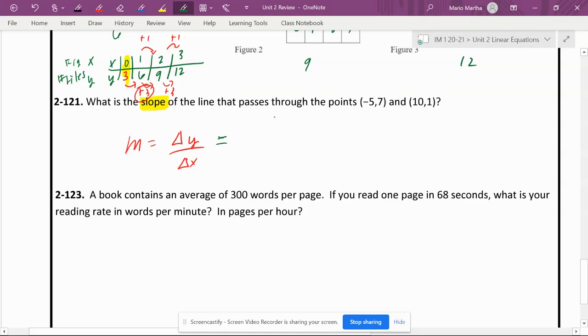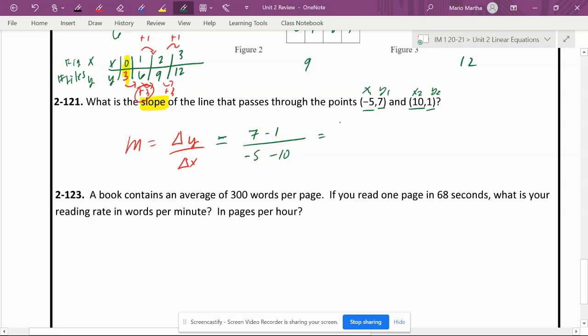So here, the change in y happens to be negative. So we have, remember, this is our x1, y1, x2, y2. So 7 minus 1 represents our change in y over our change in x, which would be -5 minus 10.